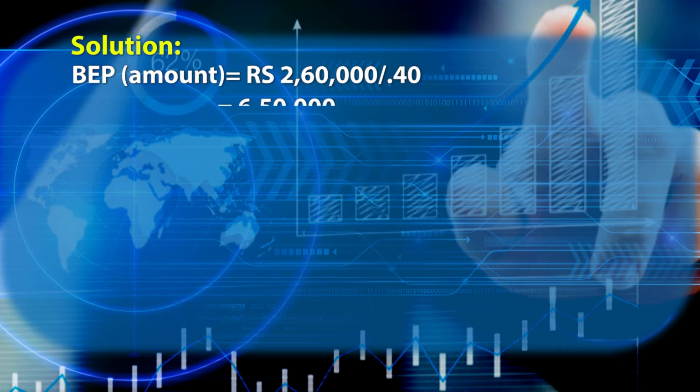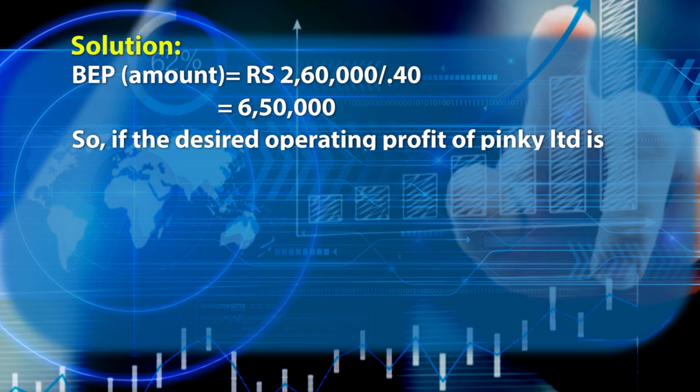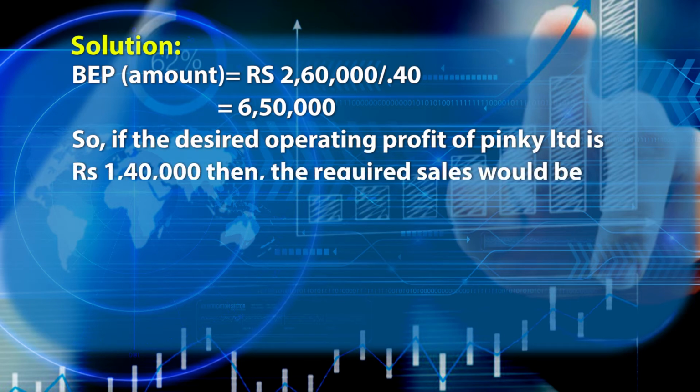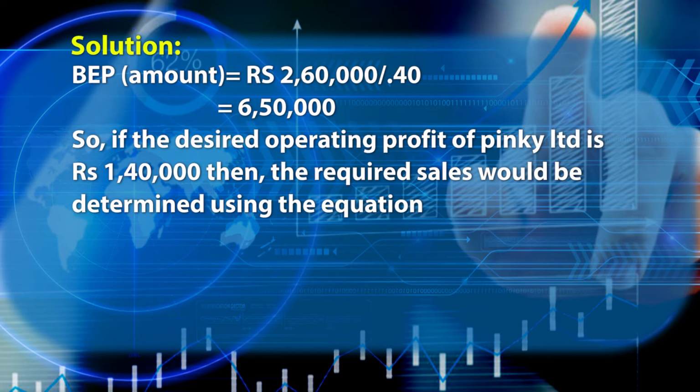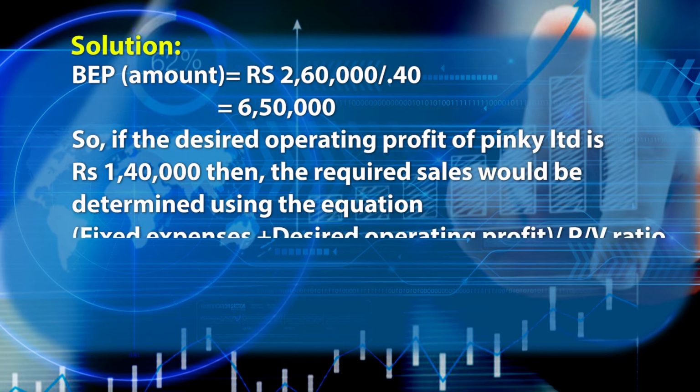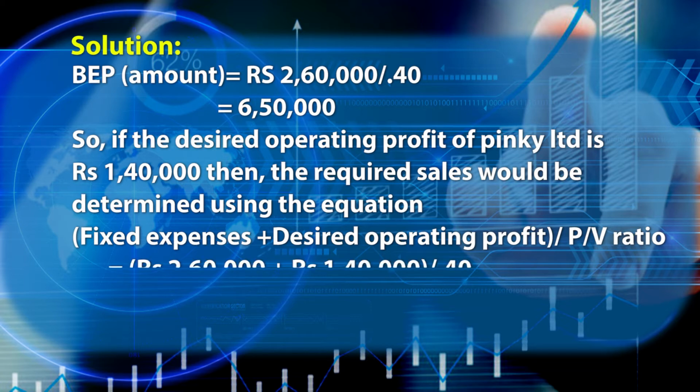BEP in amount will be equal to rupees 2,60,000 divided by 0.40, which will give you 6,50,000. So, if the desired operating profit of Pinky Limited is rupees 1,40,000, then the required sales would be determined using the equation fixed expenses plus desired operating profit divided by PV ratio.